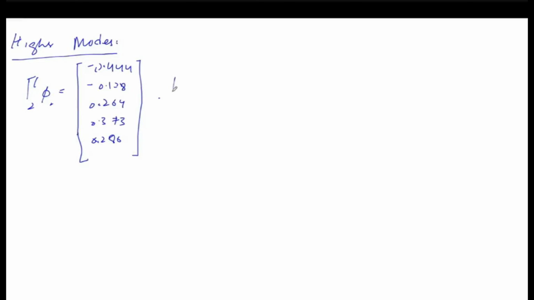For the third mode, gamma 3 and phi 3, this is 0.175, minus 0.147, minus 0.156.